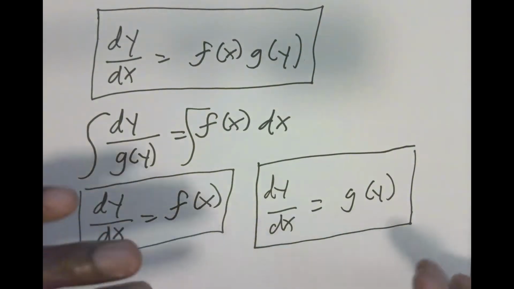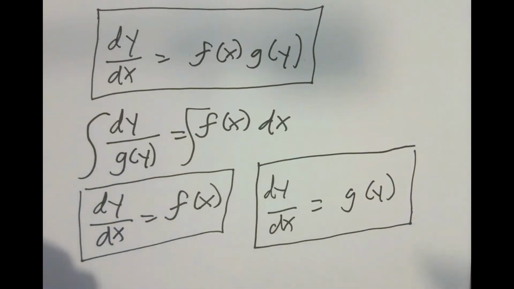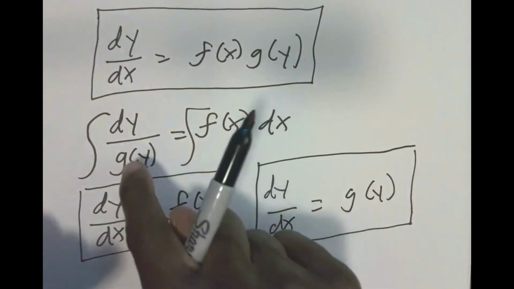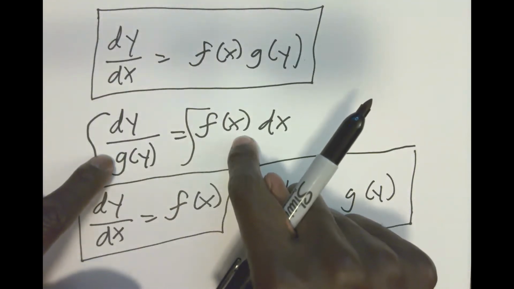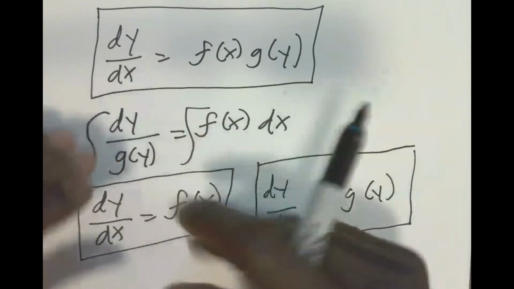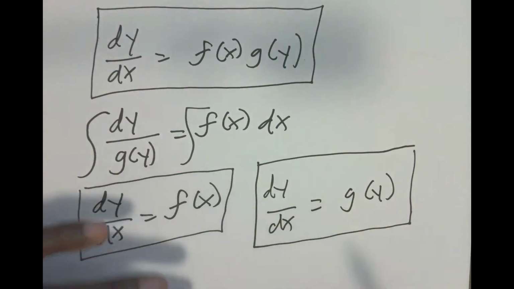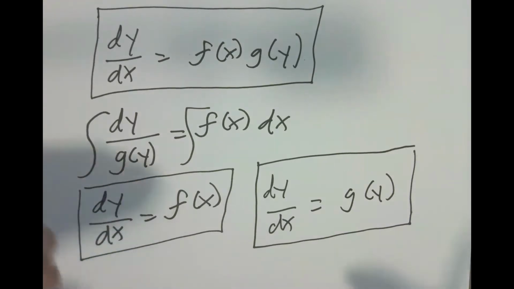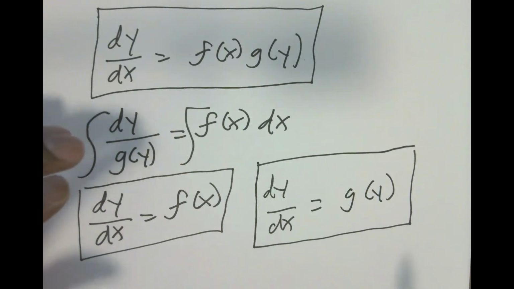Now for my AP Calculus students, when taking the AP exam, you have to show the separation or you'll get 0 points on your differential equation free response question. Even though some of the separation and the subsequent integration you can do in your head, if you're taking the AP Calculus exam and the class as well, you need to show the separation.